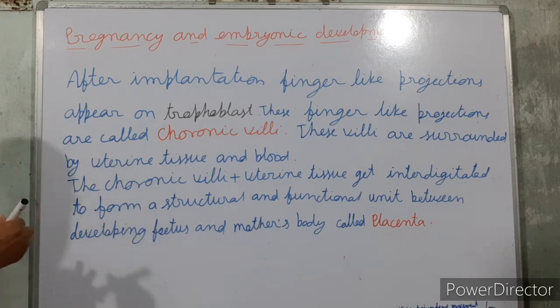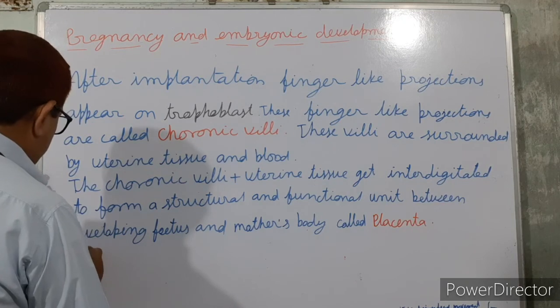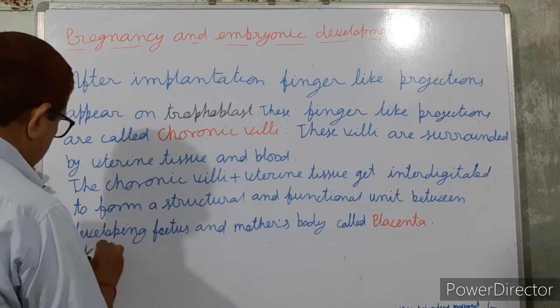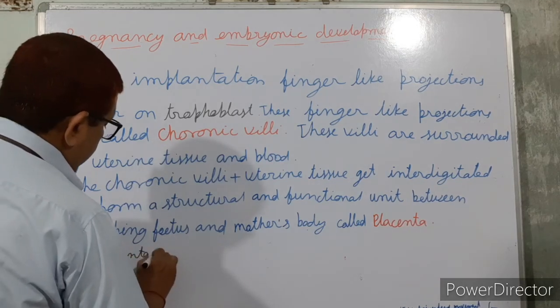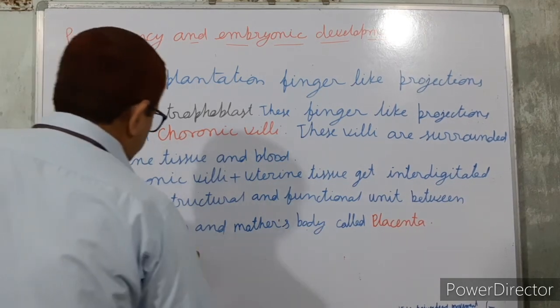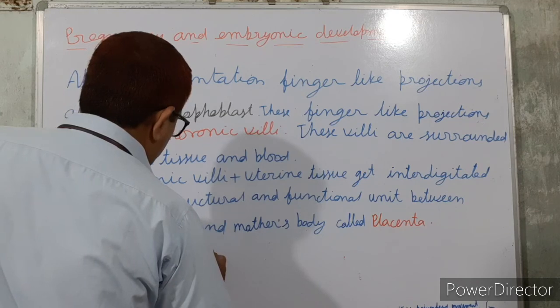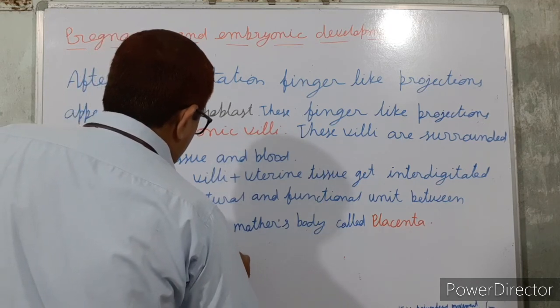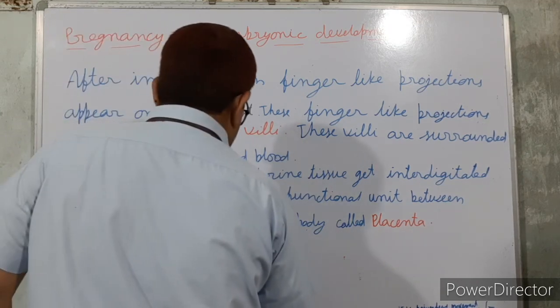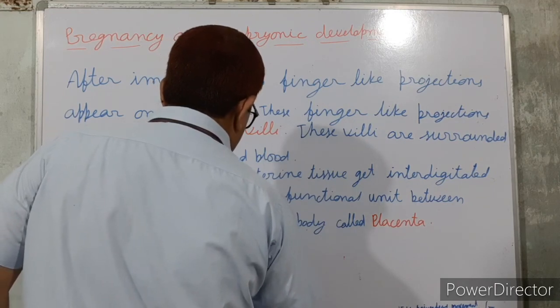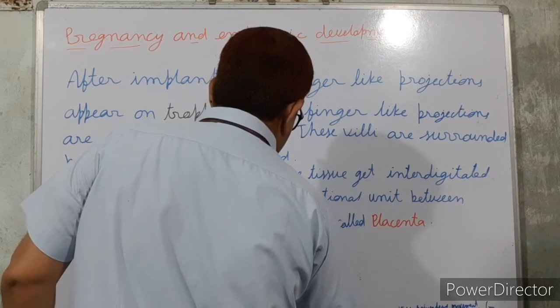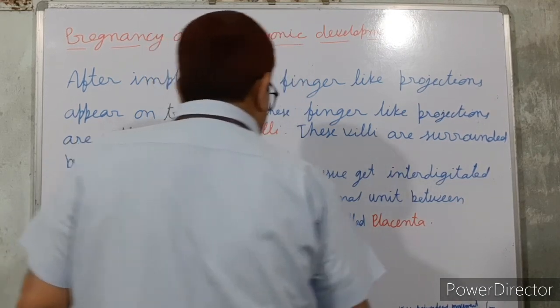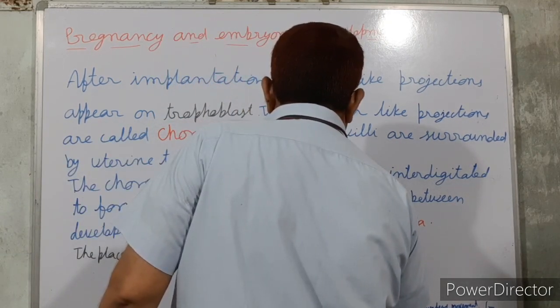The placenta is connected to the fetus via the umbilical cord.